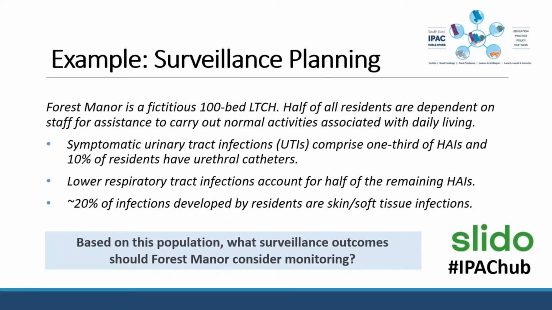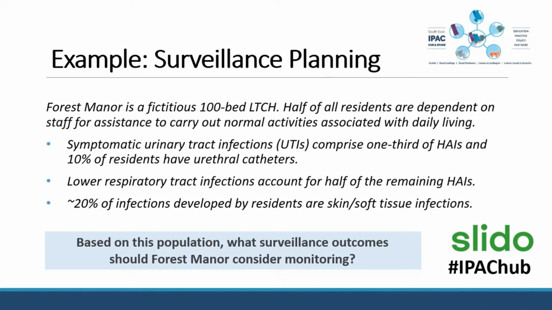So now we'll get into another Slido example on surveillance planning. Forest Manor is a fictitious 100-bed long-term care home. Half of all residents are dependent on staff for assistance to carry out normal activities associated with daily living. Symptomatic urinary tract infections comprise 1/3 of HAIs, and 10% of residents have urethral catheters.